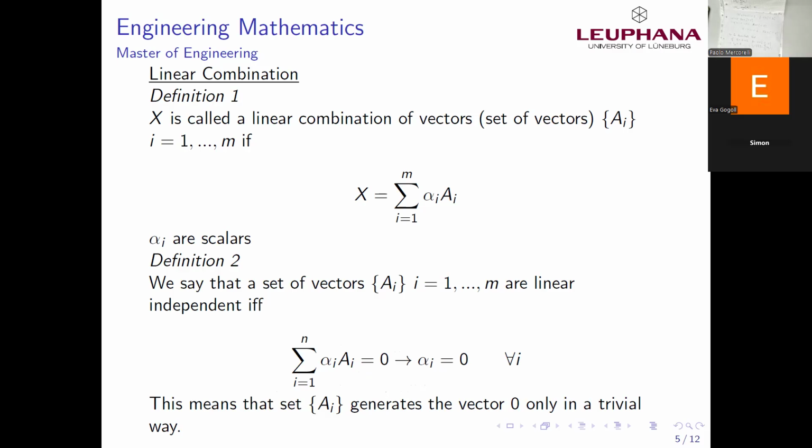We say that they are independent if X, as a linear combination of these vectors, is 0 with all alpha equal to 0. In some books, we can find this sentence: this means that a set A_i generates the vector 0, generates, very important, generates the vector 0 only in a trivial way. Trivial means all 0. Let me do a couple of exercises.